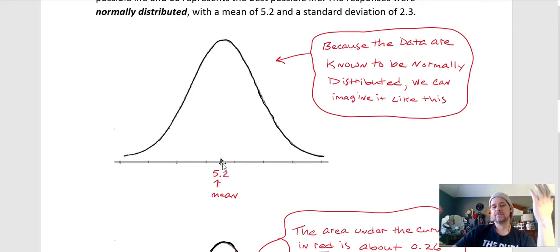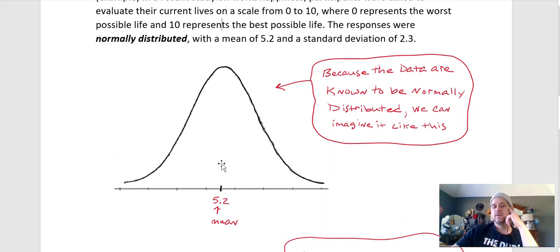What's that mean? That's your average person's response, about 5.2. Maybe most people have a response to this questionnaire a little less than 5 or a little more than 5, something like that. That's just where the middle is. That's what that means. Now this gives us a way to visualize the data.